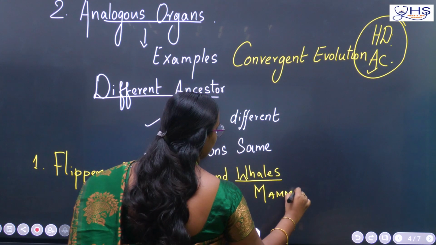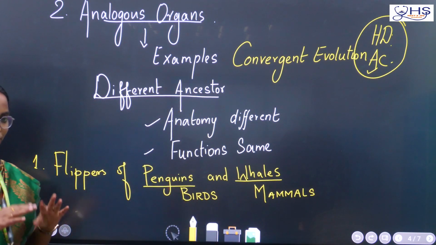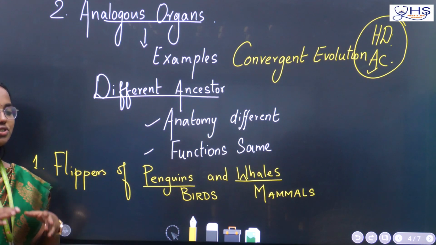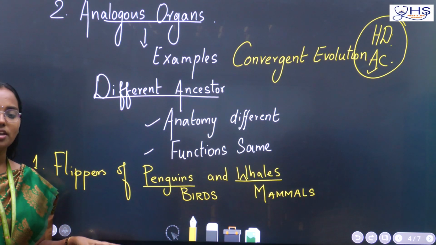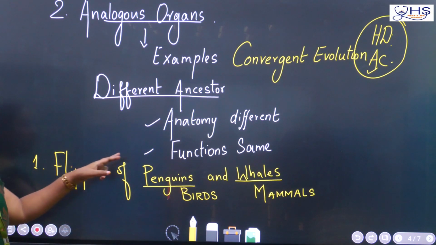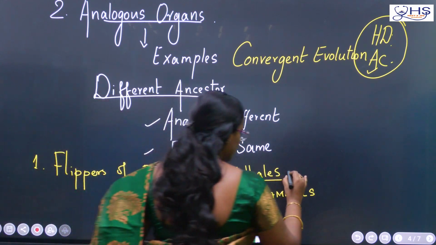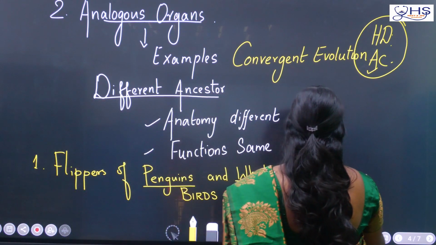So here, if you check the ancestor of birds, it's going to be different, and if you check the ancestor of mammals, it's going to be different. But the function is the same. What function? They both use their flippers for swimming. Swimming is the function.